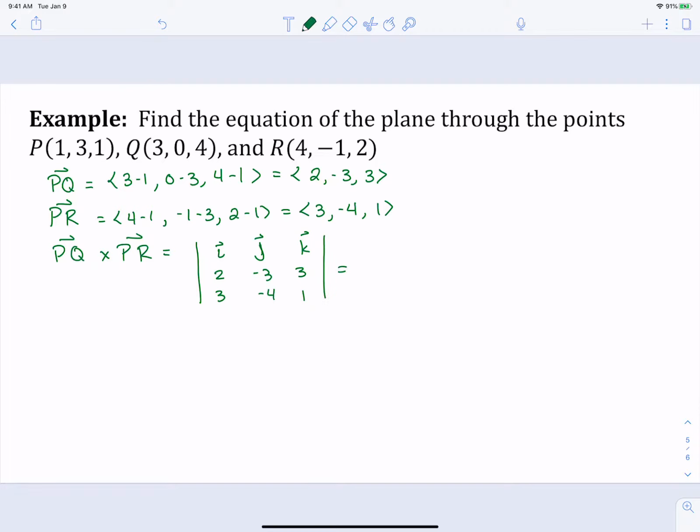Okay. And so as a reminder, we get our little 2 by 2 determinants. So not using the I column to make our 2 by 2 determinant for I, the coefficient of I, not using the J column to get our 2 by 2 determinant for J. I always want to write K first. So if you do that too, every time, and it's in darn alphabetical order, you shouldn't have that problem.